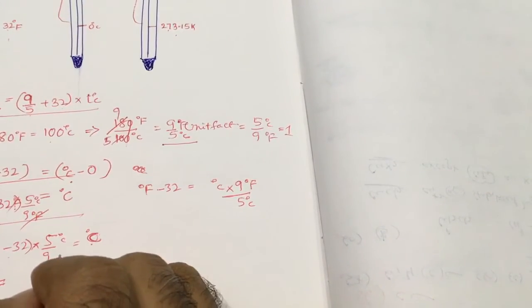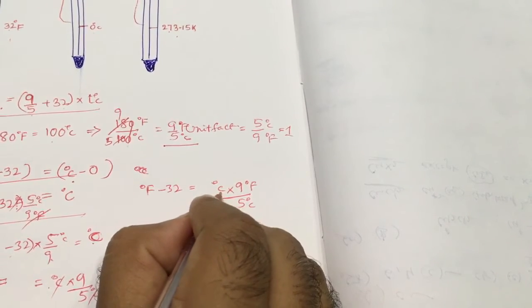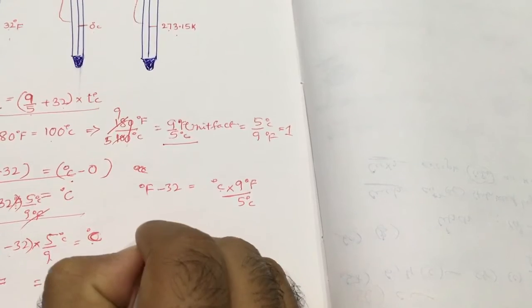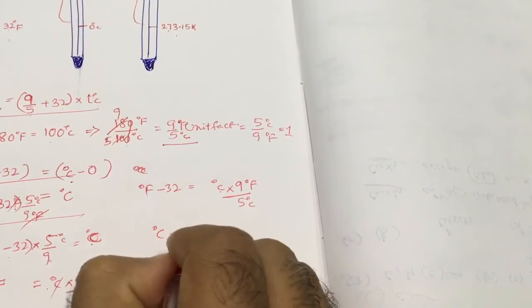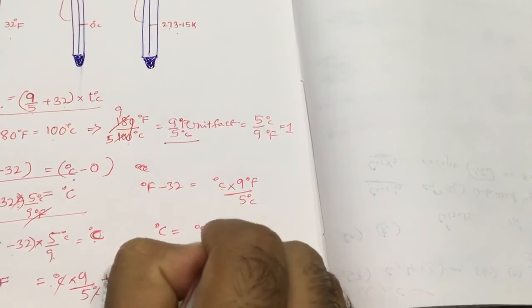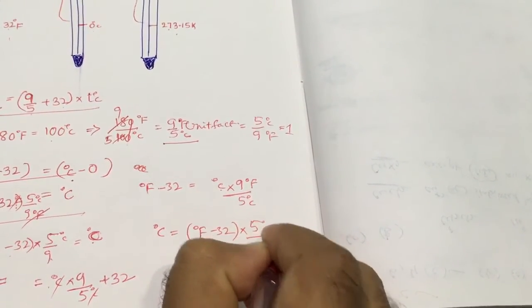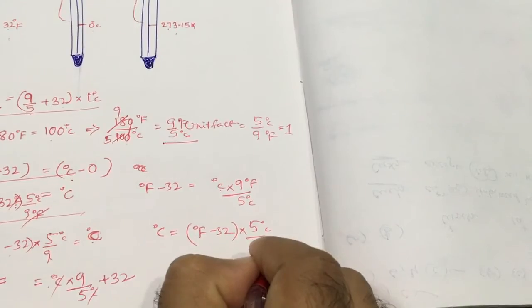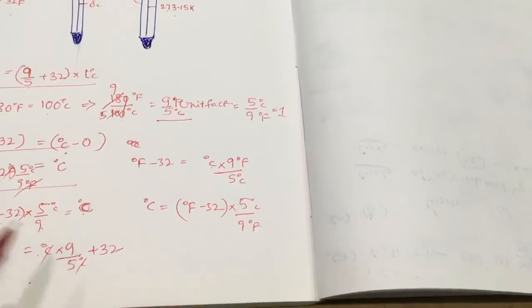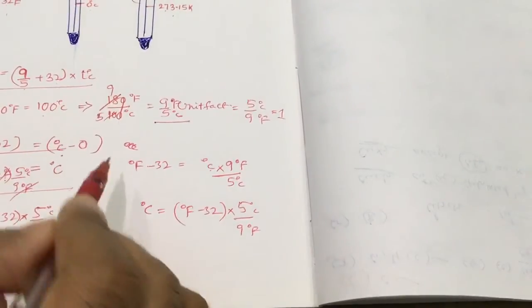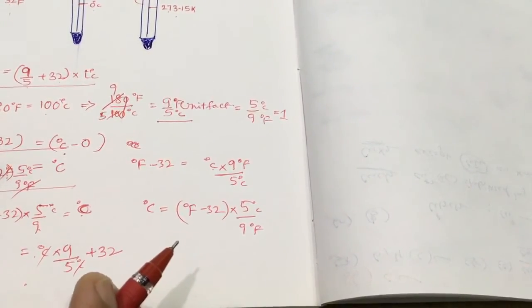Now keep degree Celsius here only, then this becomes here. Then degree Celsius is equal to degree Fahrenheit minus 32 into 5 degree Celsius by 9 degree Fahrenheit. Like this we can convert. When you know the formula, these are equal. Otherwise remembering it is sometimes difficult.